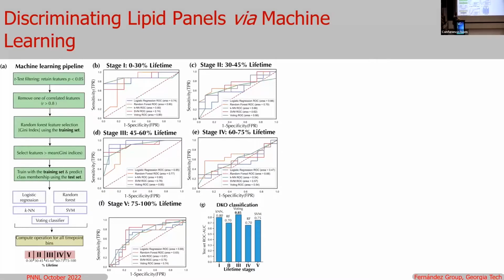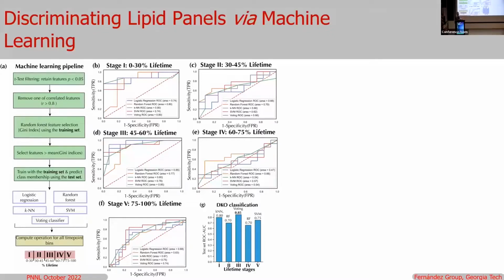So what I'm showing you here are the area under the curve plots for different machine learning classifiers for different lifetime stages. Notice that it takes me a long time to talk about this because this is a complex data set. But what you see is that some classifiers, for example, if you look at, again, stage 2, perform better than others. Some are not that successful, okay? 0.6 area under the curve, 0.7.